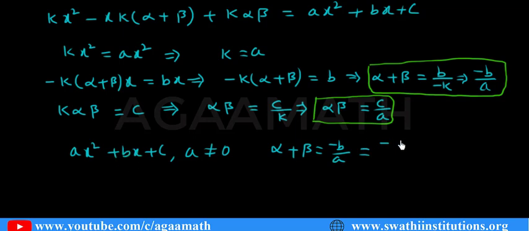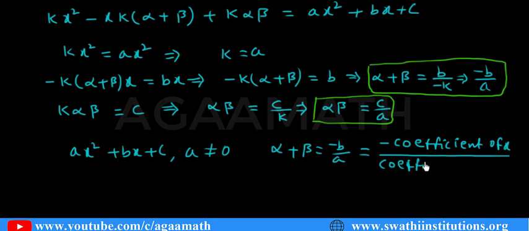So that's the reason what we do here is minus coefficient of x by a. A is what? Coefficient of x square.